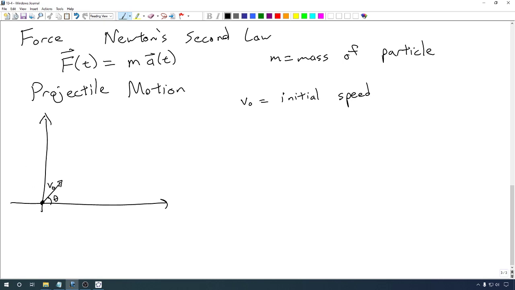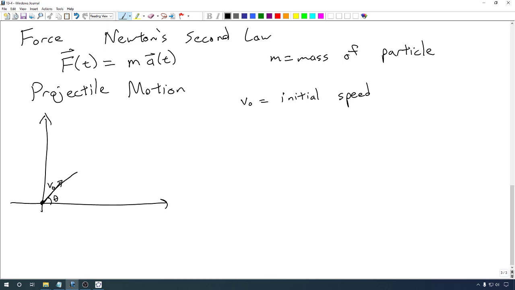Then once that particle has been launched, we need to figure out what forces are going to be on that particle or projectile to see where it ends up. Where does it go? Well, the only force that's going to be involved here is gravity. Now, we could look at air resistance too, but just to keep it simpler on ourselves, we're just going to look at gravity.